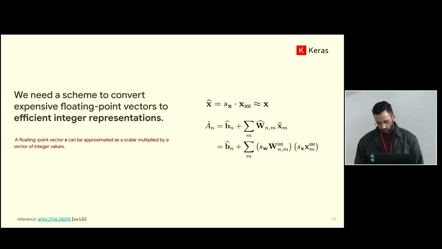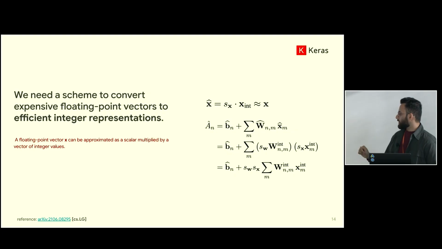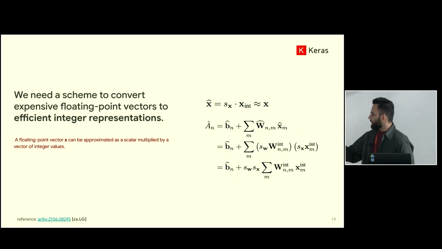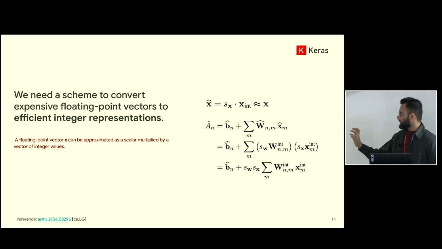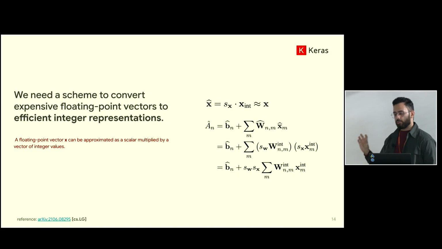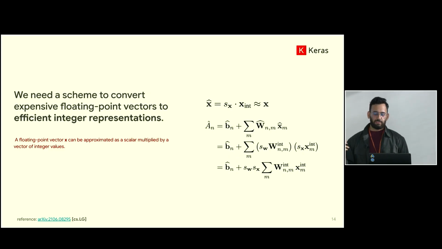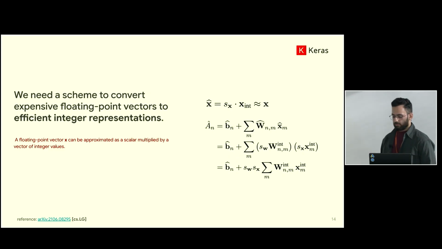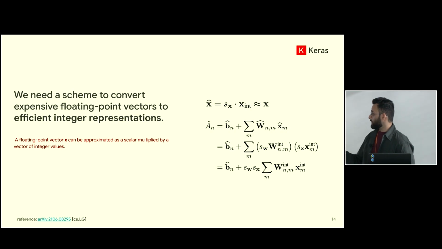So we can actually take those out of the summation. And what you see here is that we are performing a pure integer-integer multiplication inside the summation, and now we're able to make use of integer hardware for performing these matrix operations. The result that you get from these operations can simply be scaled up using the scalar factors. And then you later add on the bias to it.